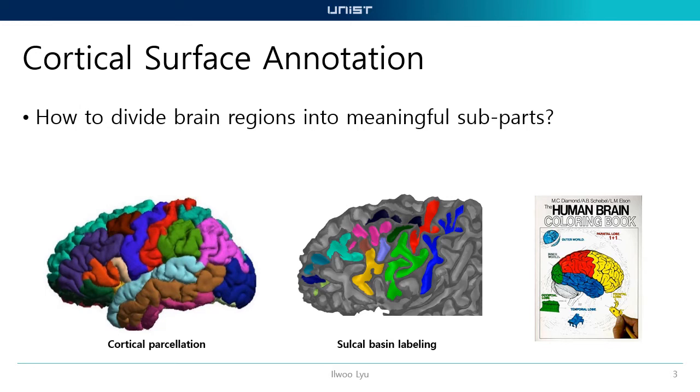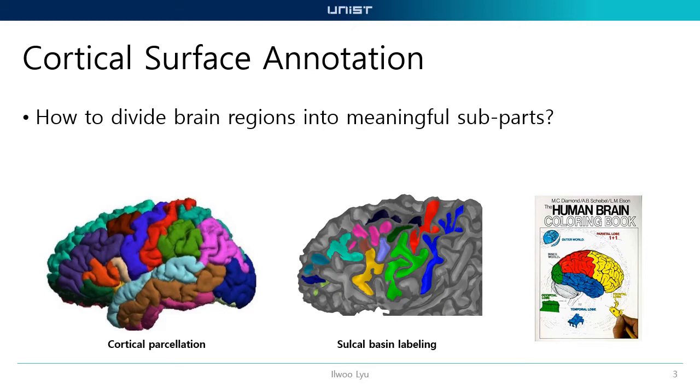So the critical question in cortical surface annotation is to divide brain regions into meaningful subparts. We can think about the subdivision of our brain in terms of defining a protocol, but we are not focusing on that kind of process in this project.